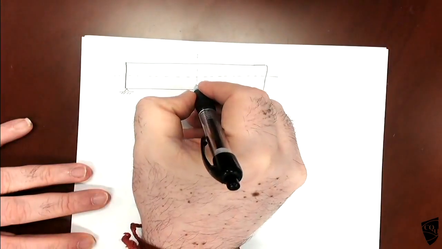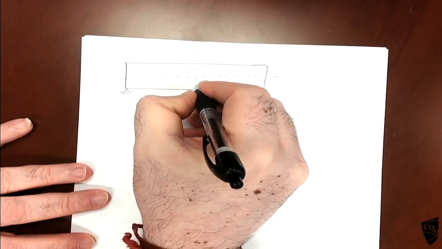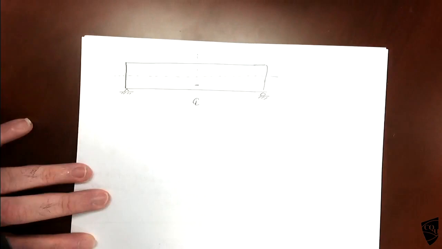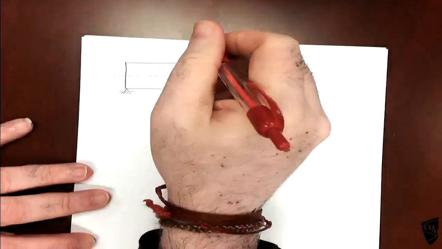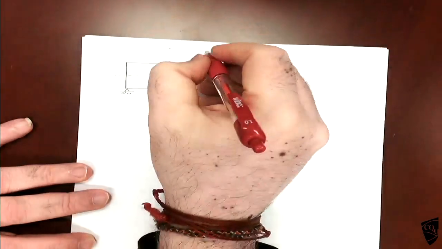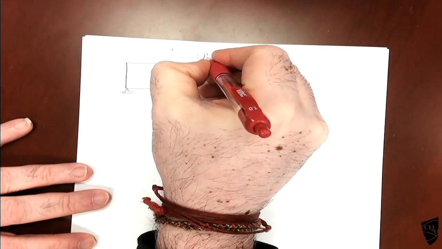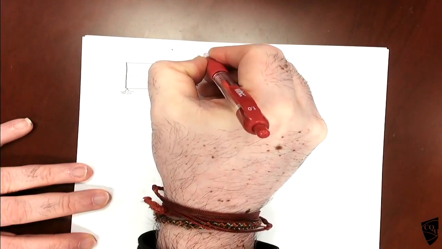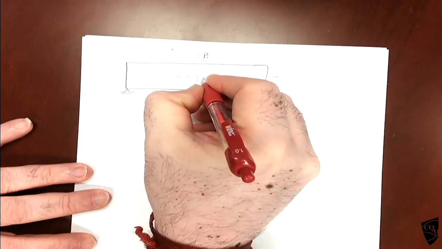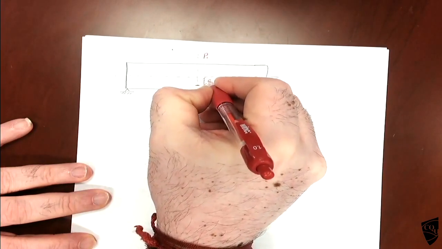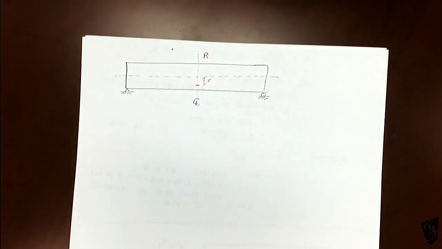At the critical section we already found the P value: the pre-stress force PI and also the e value, using the Magnel diagram.